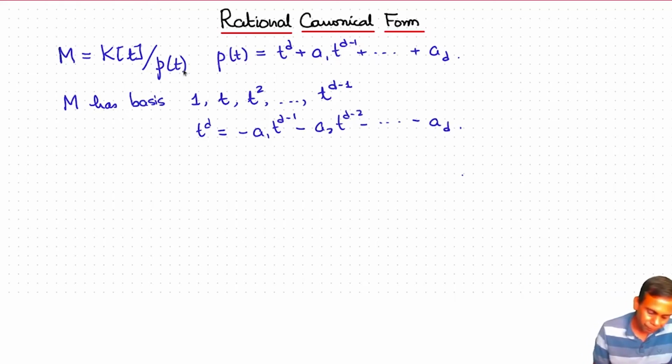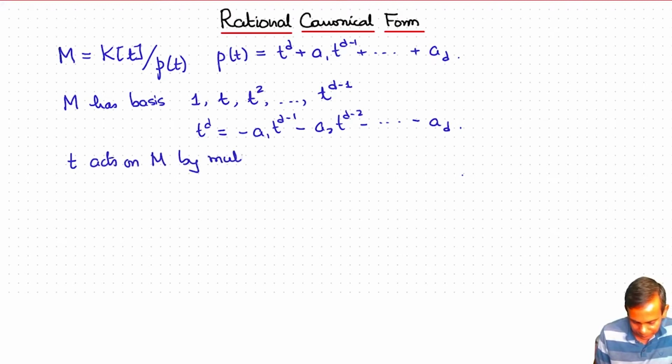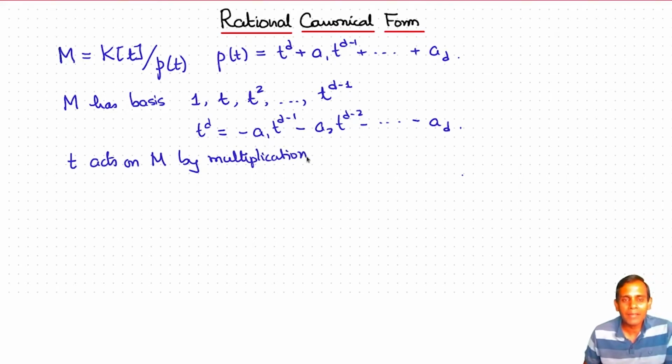And so now T acts on M by multiplication. If we try to write down the matrix of this multiplication action of T on M, then what we need to do is figure out what T does to each of these basis vectors.